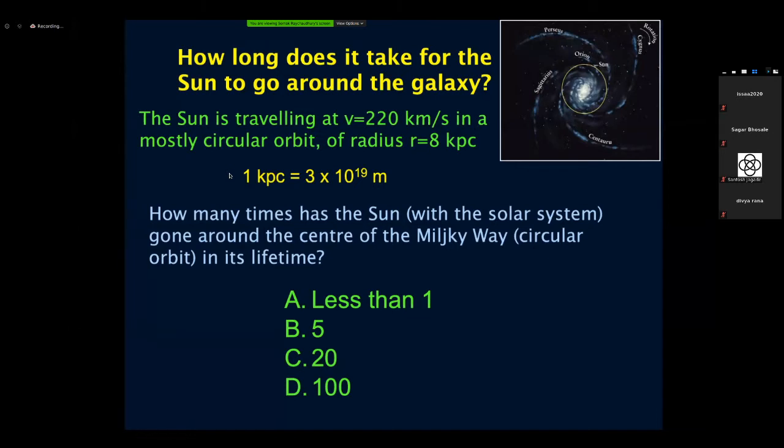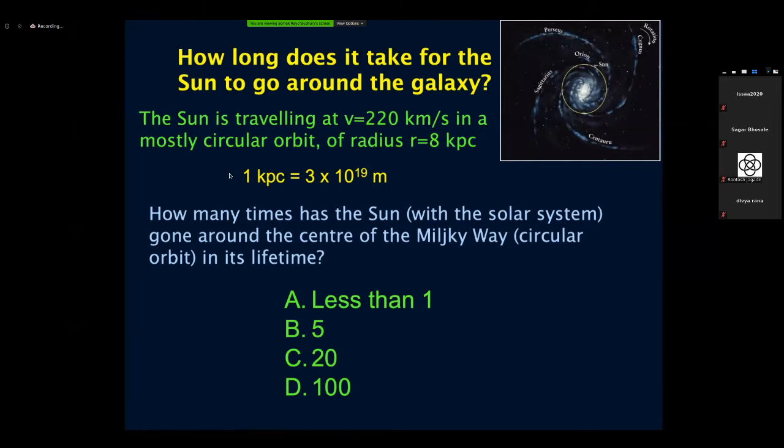And it has a circular orbit of radius 8 kiloparsecs. I'm giving you what 1 kiloparsec is in meters. I'd like all of you to try and estimate very fast how many times the sun has gone around the center of the Milky Way, spelled wrong, in its lifetime. By the way, the lifetime of the sun is 4.5 billion years. I hadn't given you that.